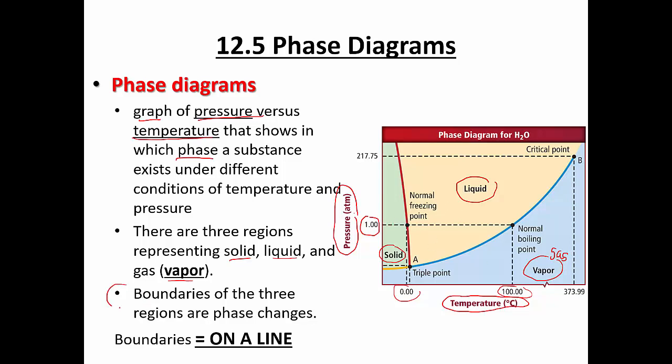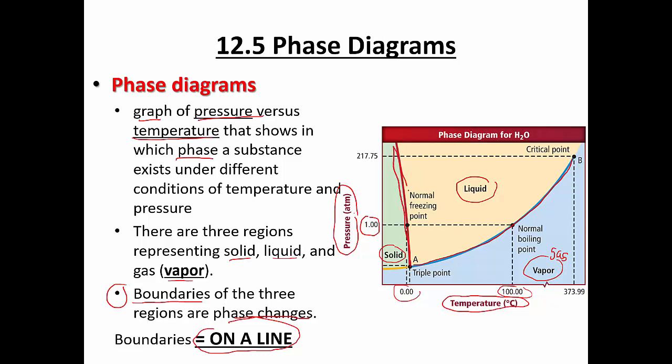Our last key part here is the boundaries. Boundaries mean that you're on a line. If you're on the line between the two, that's the part where a phase change is occurring. Going between a liquid and a gas, you'd be at evaporation or boiling point or condensation.